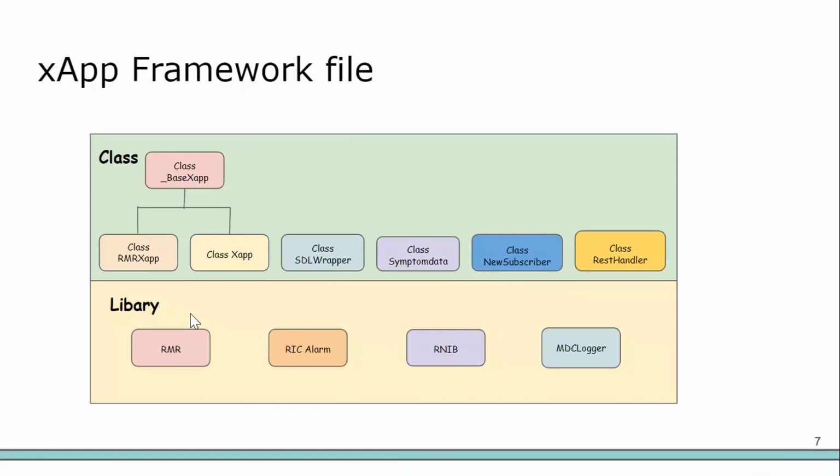So in OSC, they implement the class xApp using Python, using Go, using C++. This is one option. They define the class first, then implement it using different languages. Or different languages define their own different classes and libraries. Which approach is used in OSC? For this, I'm not sure, because I was just looking at the Python.